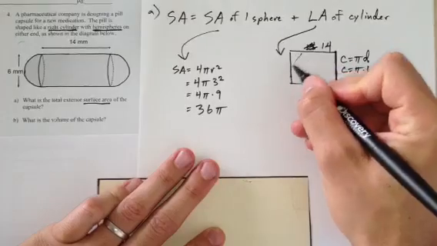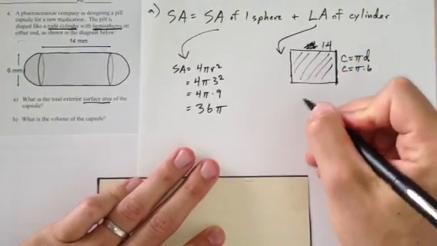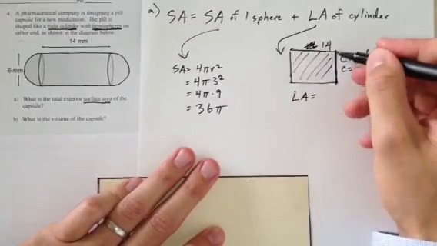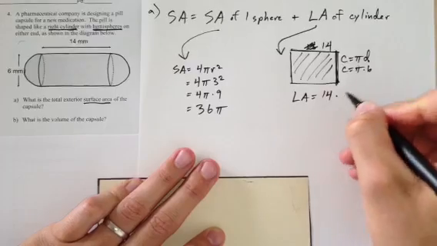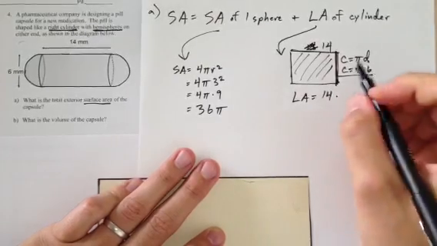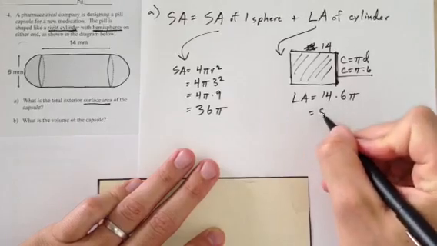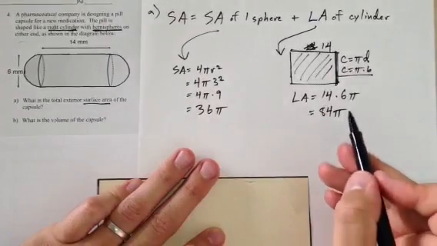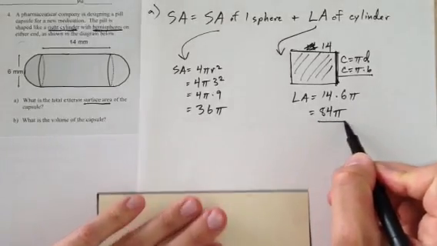So my area of the curved part, the lateral area, equals length times width, because it's a rectangle, 14 times the circumference, which is 6 pi, which equals 84 pi. So my lateral area of just the cylinder is 84 pi.